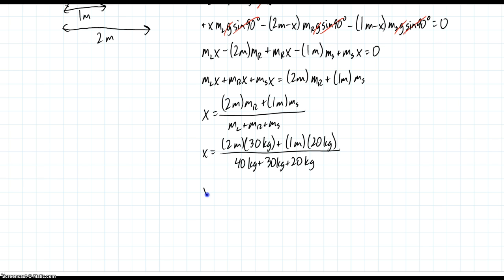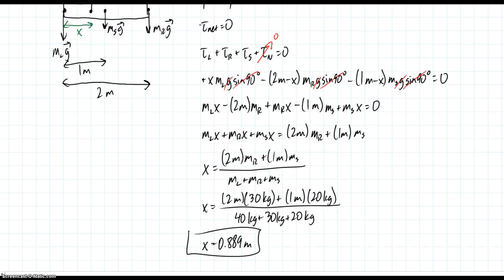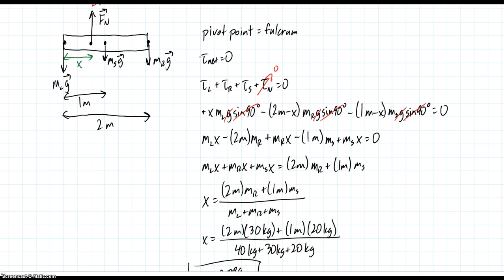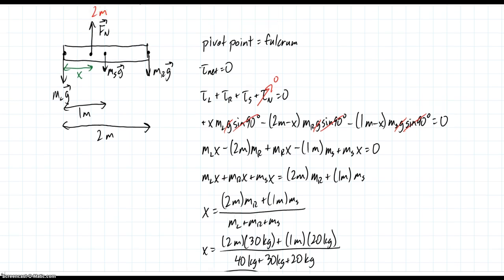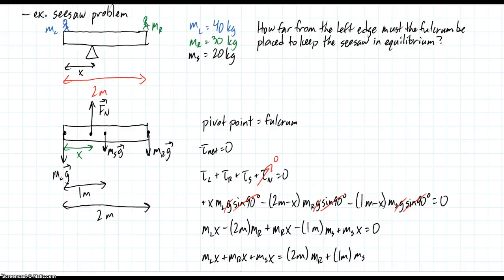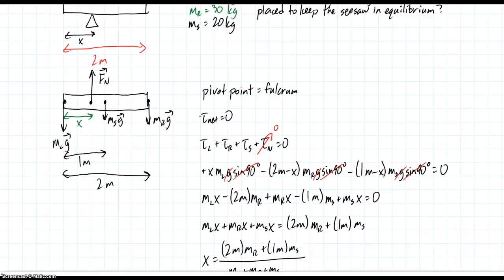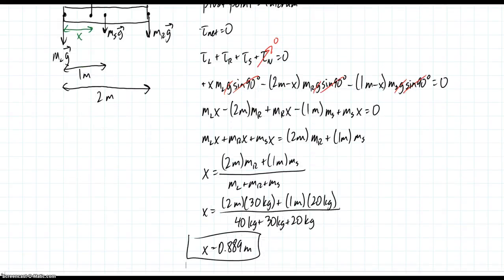And when we plug that all in, we get a value of x of 0.889 meters. And as a sanity check, we can see at the very least that x is less than 1 meter. And so as we would expect, the fulcrum needs to be placed closer to the more massive person on the left-hand side rather than the less massive person on the right.